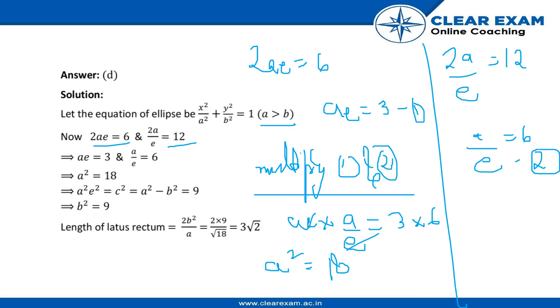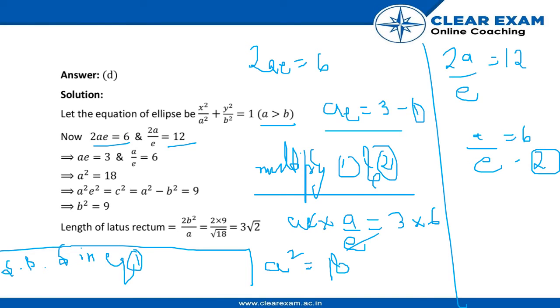What you simply do is square both sides in equation 1. In this equation, what ends up is a square e square equal to 9, and we also know the value of a square, that is 18.